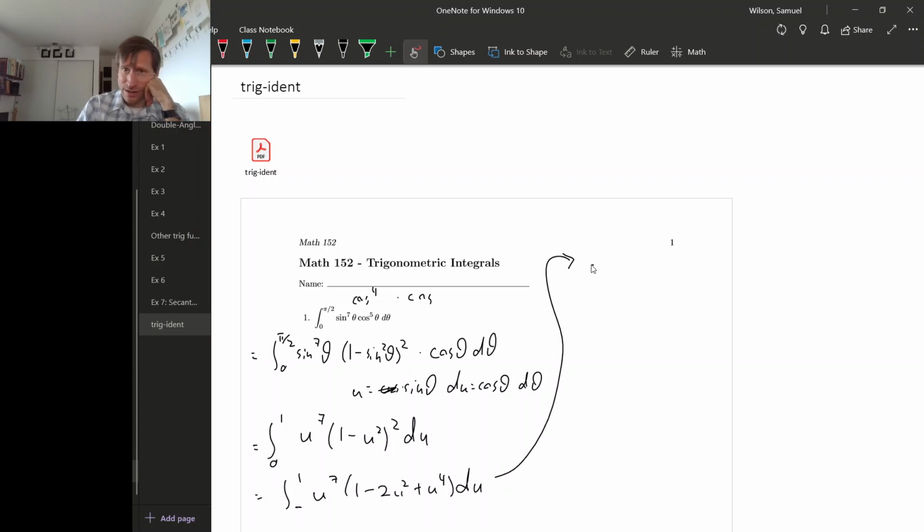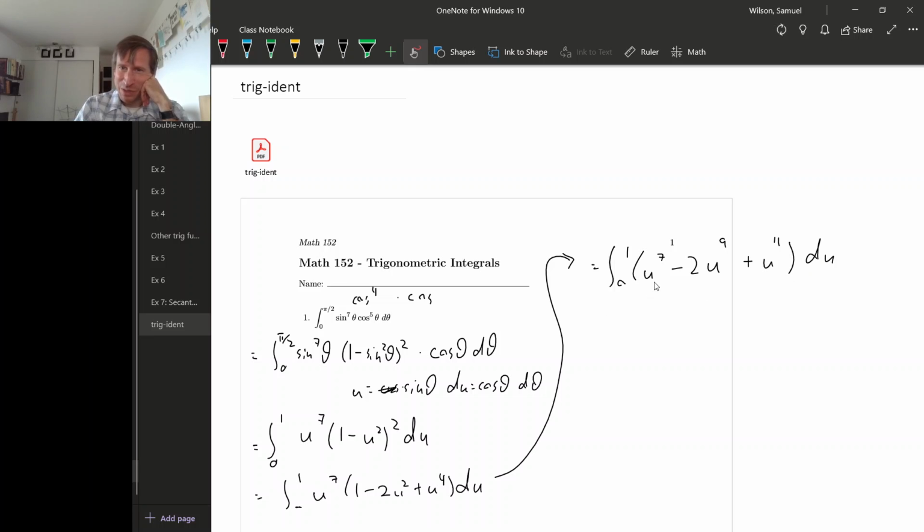And then the integral from 0 to 1 of u to the 7th minus 2u to the 9th plus u to the 11th du.